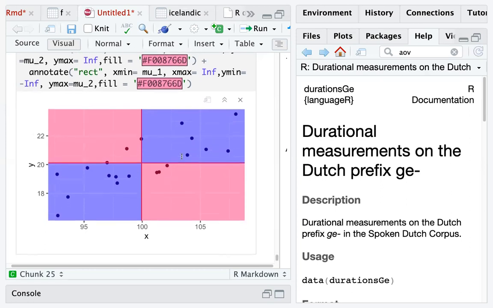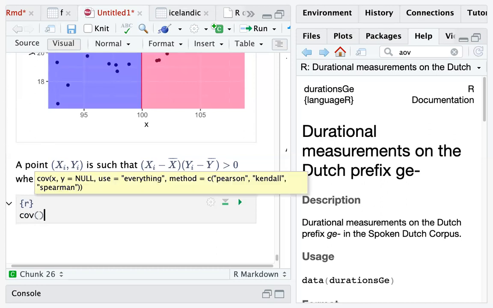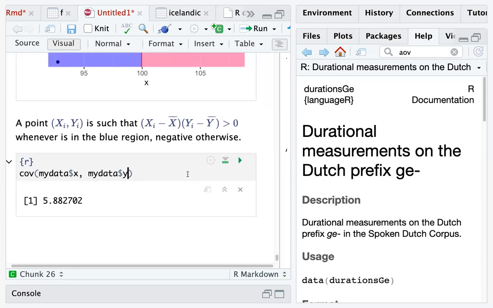But simply by counting them, and also because the points in the blue sectors are very far, we expect this covariance to be positive. And let's check it. It is positive.